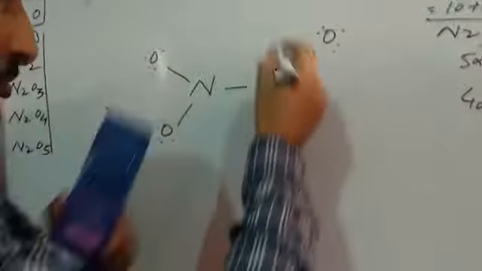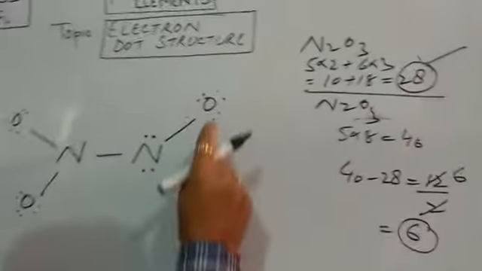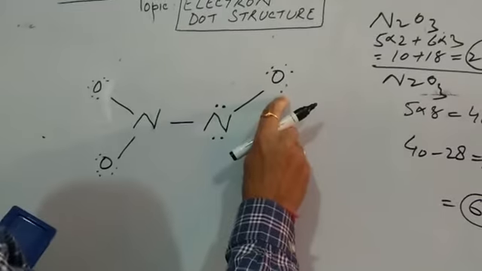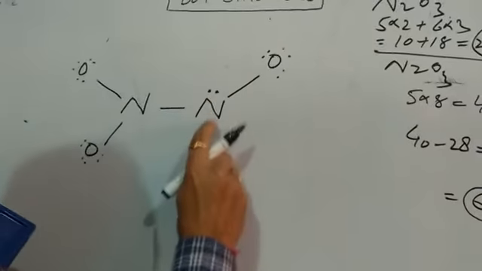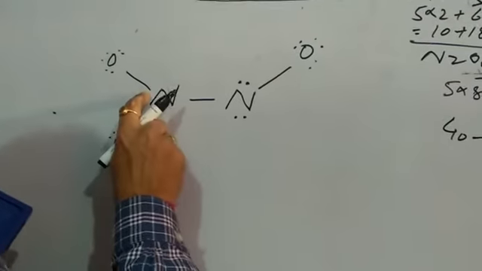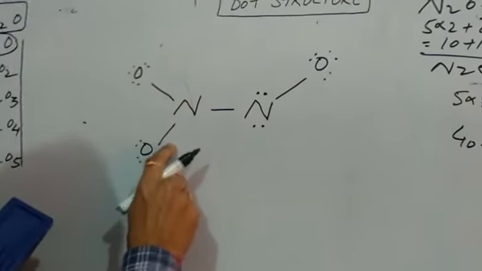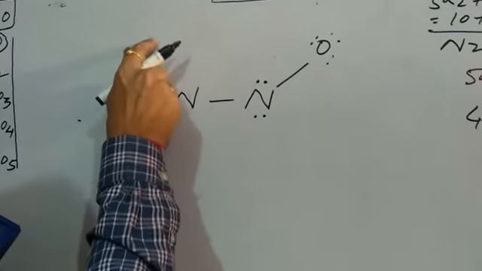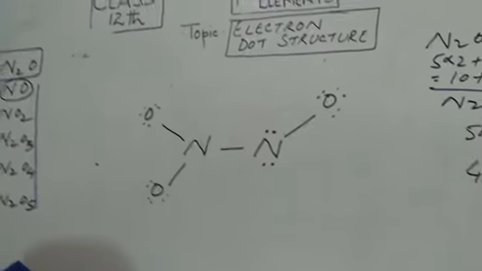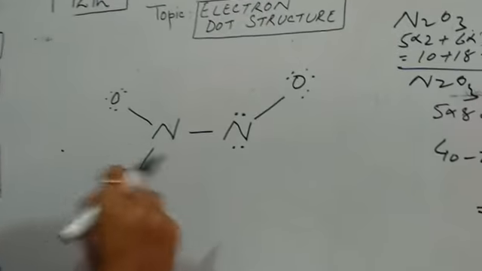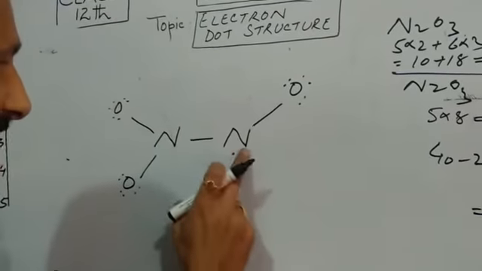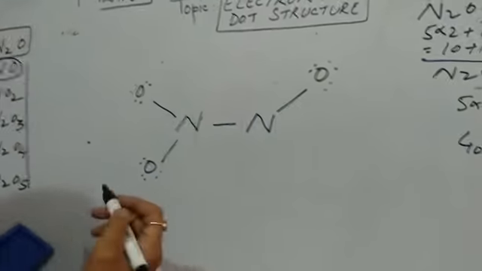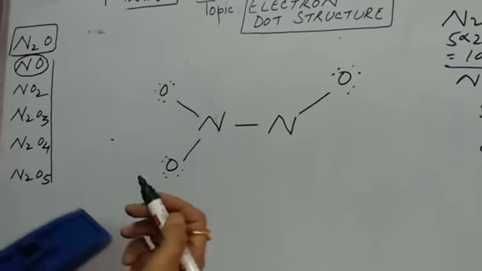Now let us first count the number of electrons which we have consumed. We have 28 available. So 2 plus 2, 4, 4 plus 2, 8, 10, 12, 14, 16, 18, 20, and 6, 26. So we have exceeded the number of electrons. So we can't go like that. So let us change. Now let us first count how many electrons are available.